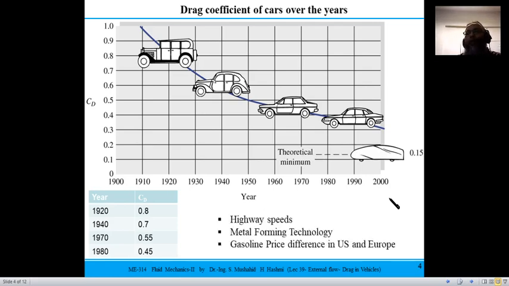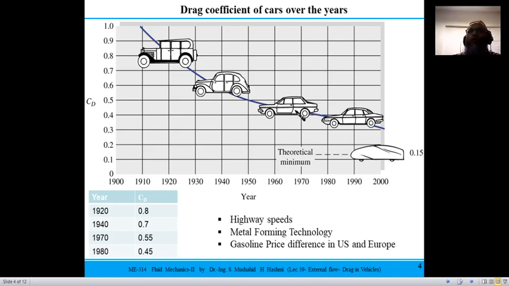The drop in the drag coefficient over this whole century has happened for different reasons. One reason is that highways have been built, and there is a requirement for vehicles to run at high speeds, because we have already seen the drag force is proportional to the square of the speed.